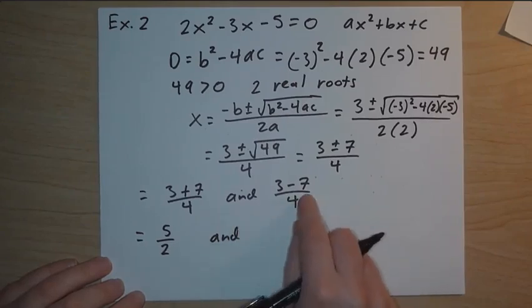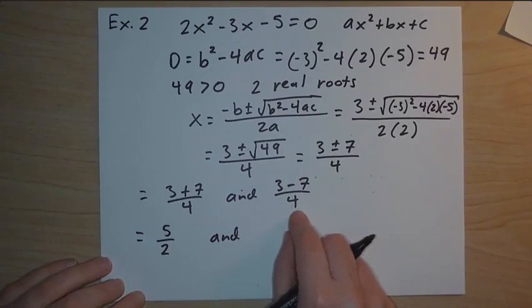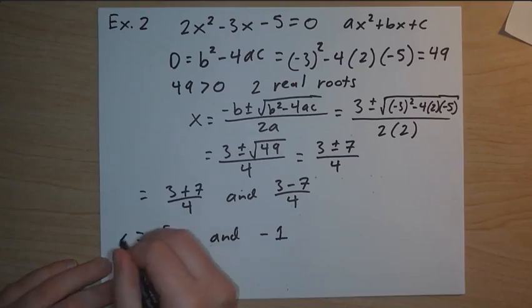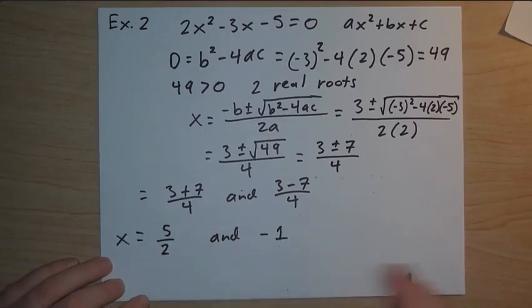And we have 3 minus 7, which is negative 4, and negative 4 divided by positive 4 is simply negative 1. So we have x is equal to 5/2 and negative 1.